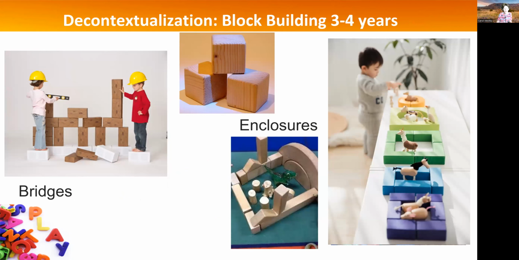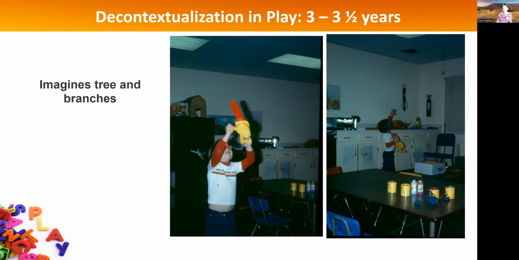They begin to build bridges or enclosures. And they're gradually using more language in these mental models to contribute to the play. Jerem finds a saw. He imagines the tree and cuts off imaginary limbs that he throws into the backyard.